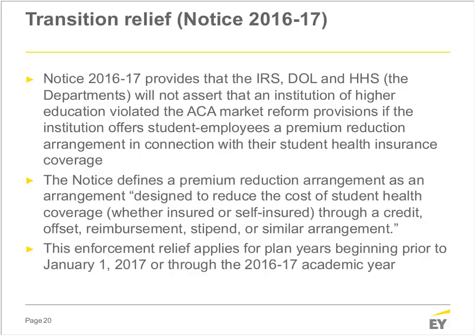And so the IRS, along with DOL and HHS, issued some transition relief. This is Notice 2016-17. And I think there were a couple of things that are important to realize about this notice.